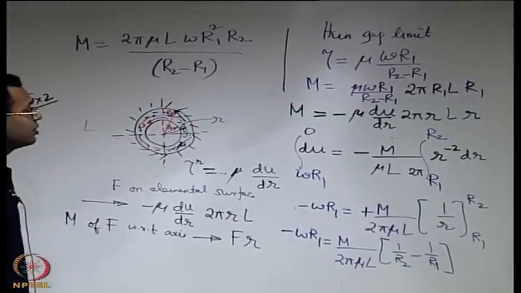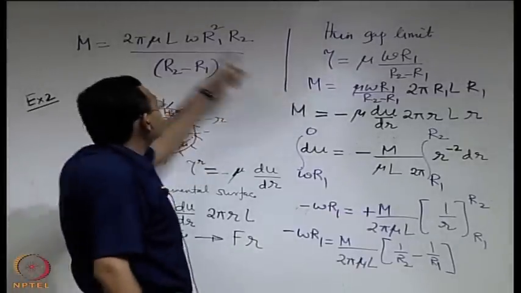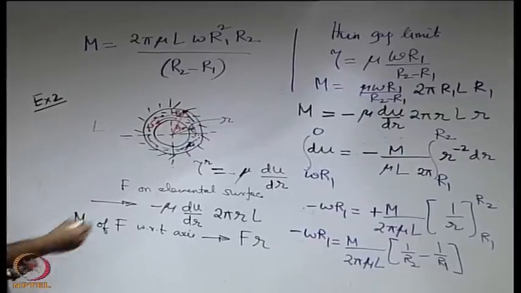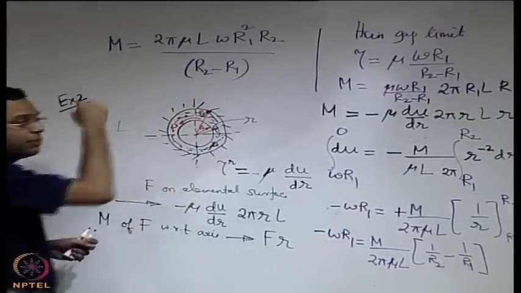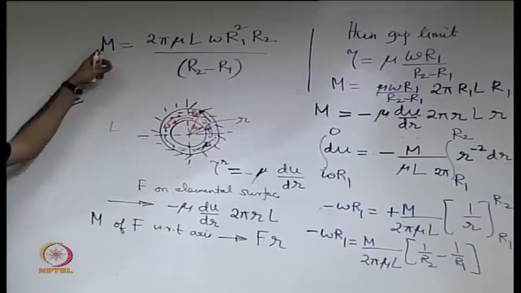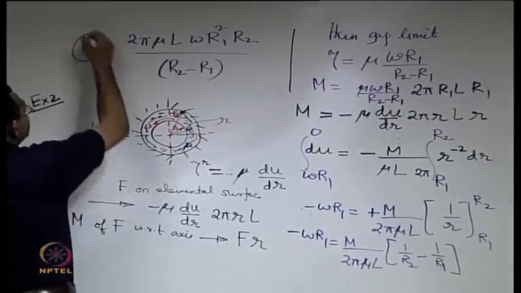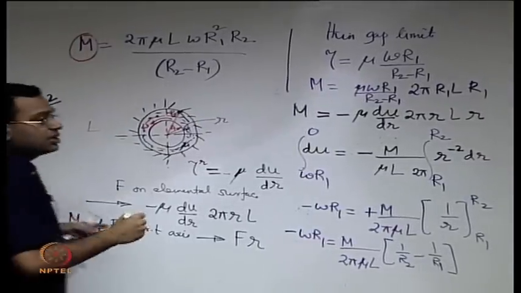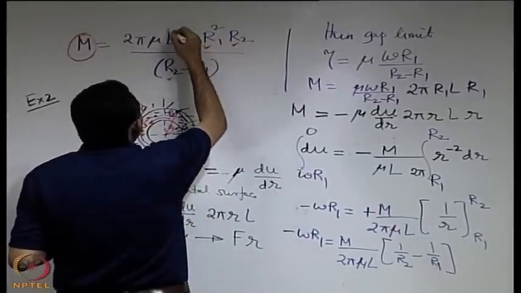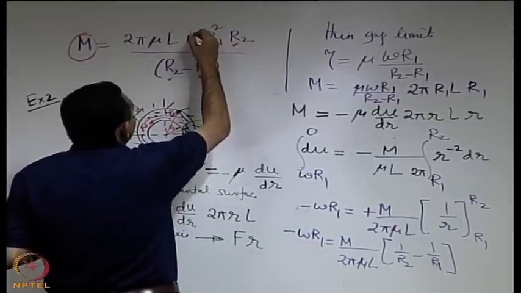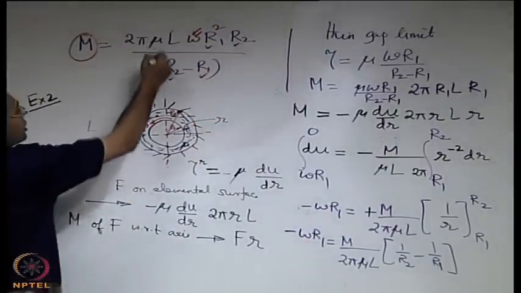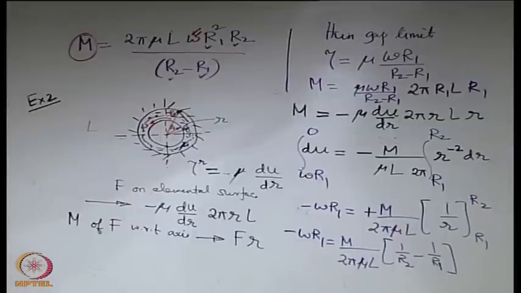and from this or the more involved expression, you can clearly see that if you now know the power input to the shaft, the power input is this m times omega. So, if that is known, that means m is known, and the dimensions will always be known. So r1, r2, that means r2 minus r1 and l, will be known. Omega can be measured with a tachometer, so that can give you mu from this expression.